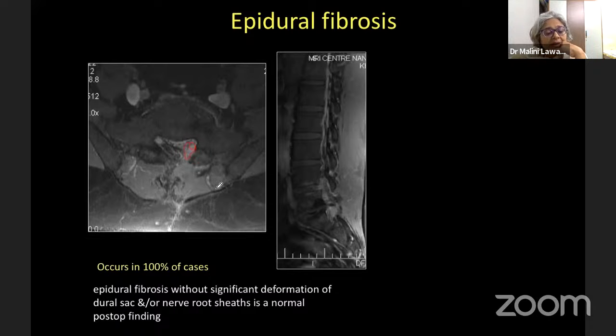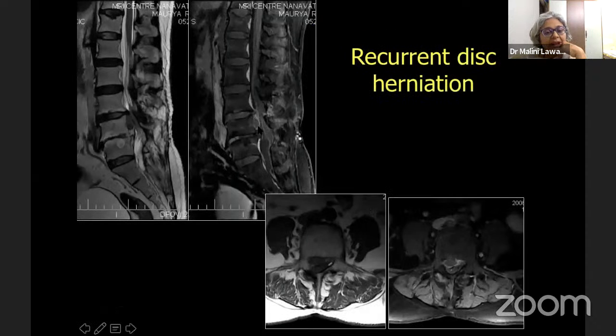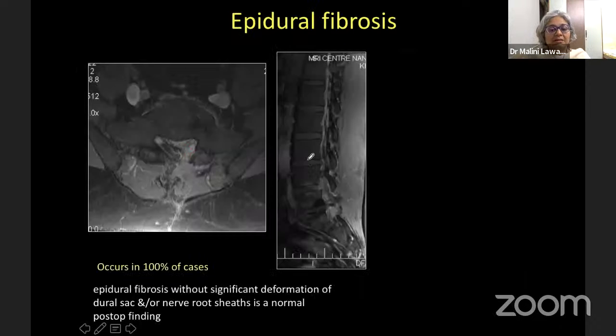So the epidural fibrosis shows homogeneous enhancement. You saw the disc earlier, which showed peripheral enhancement on injection of gadolinium, which is the MR contrast. While here, a similar looking lesion is showing enhancement all inside, and that is a sign of epidural fibrosis.